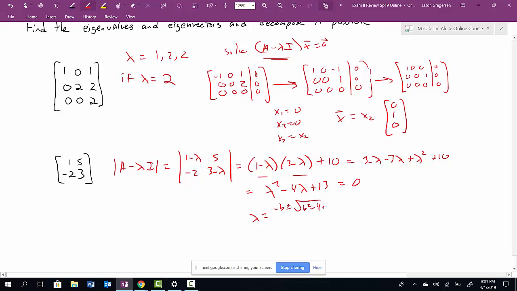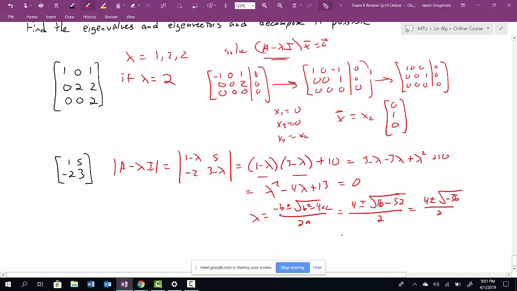of b squared minus 4ac all over 2a. In this case, that's 4 plus or minus the square root of 16 minus 4 times 13, which is 52, all over 2. 4 plus or minus the square root of what? 16 minus 52 is negative 36.